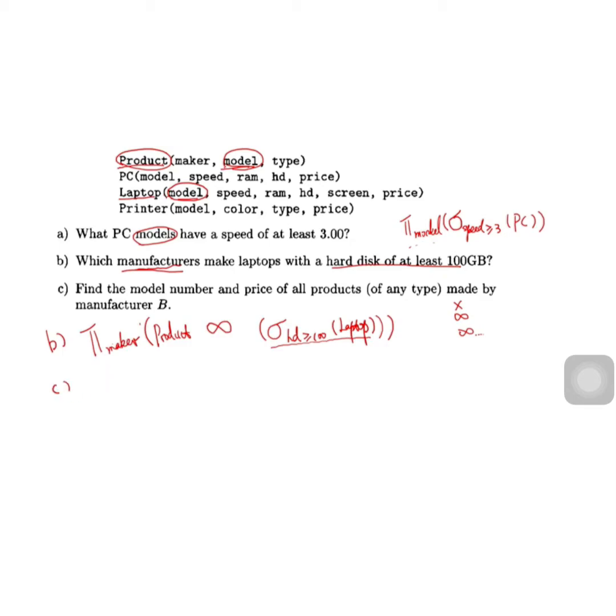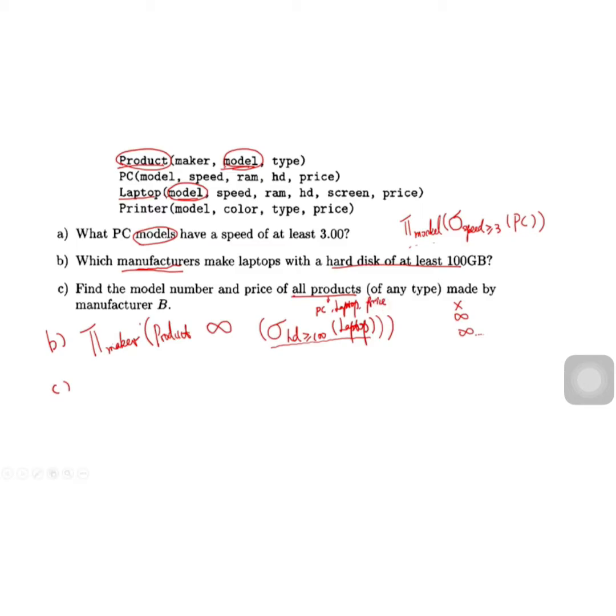Now C. C is a little difficult, because in C we want to find the model number and price of all products made by B. All products include PC, laptop, and printer.